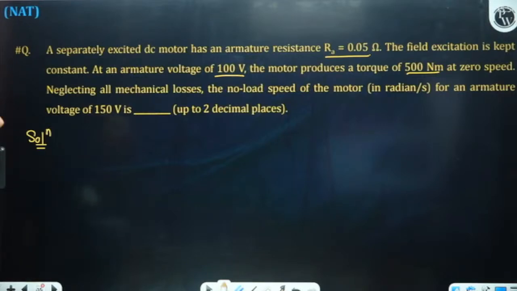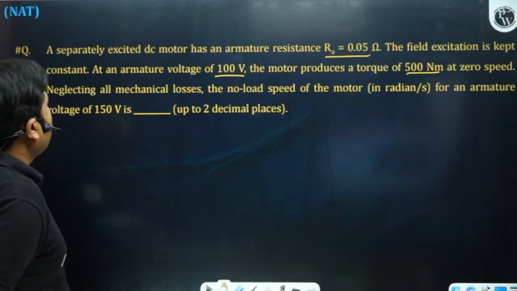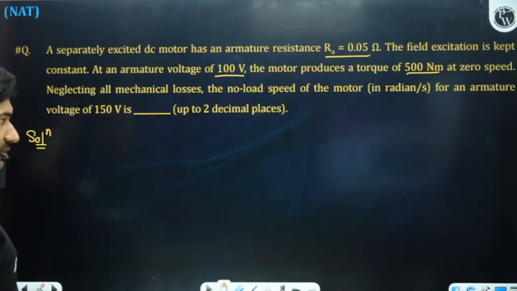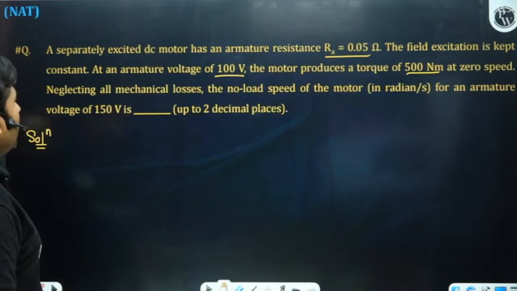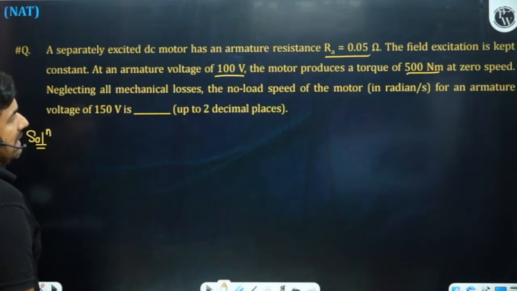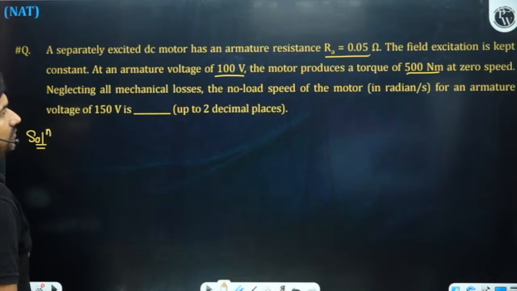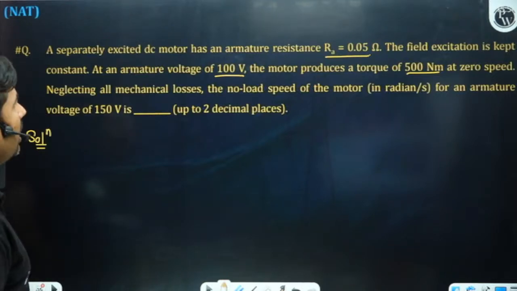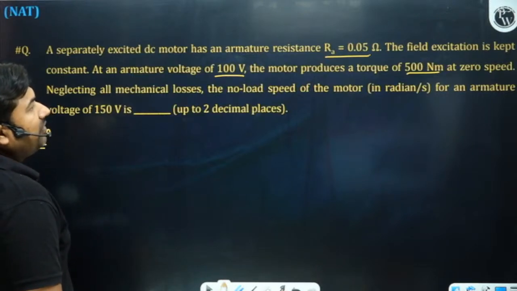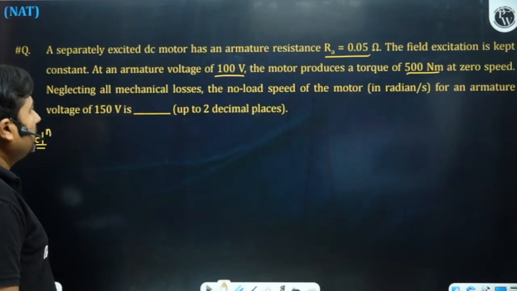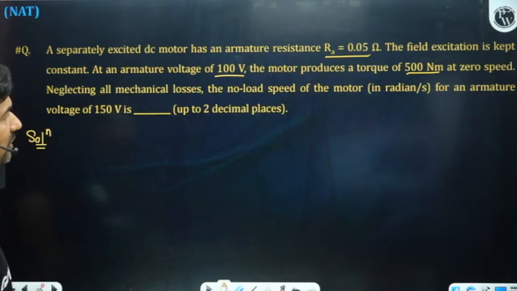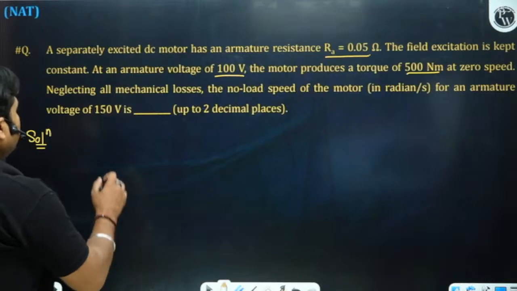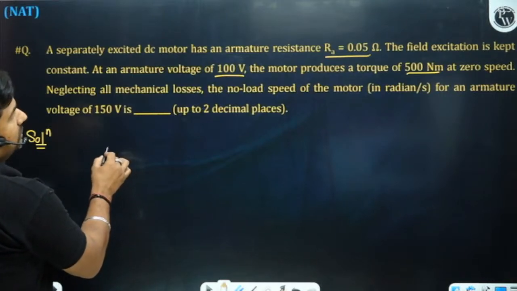Neglecting all mechanical losses, the no load speed of the motor in radian per second for an armature voltage of 150 volt is.